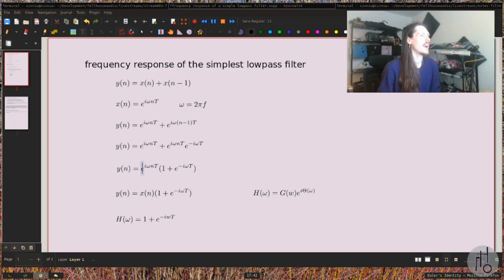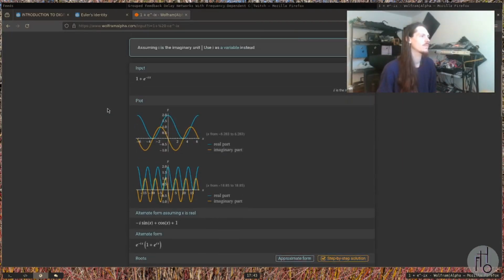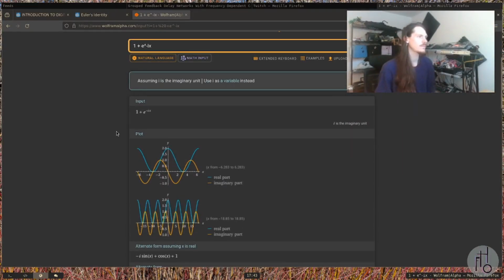And if we graph this function, and let's just worry about the real part right now, we see a graph that goes from 2 down to 0, and it takes 2 pi, and then it comes back up to 2.